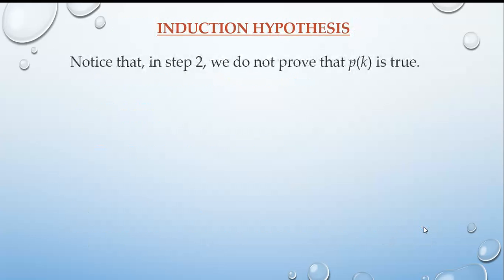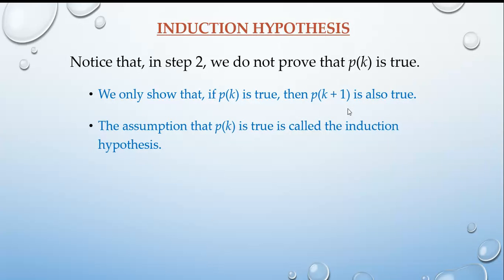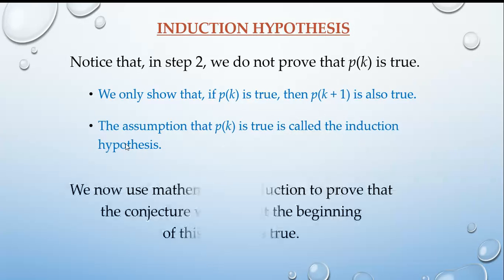This is the induction hypothesis. I told you that we do not have to prove that Pk is true; we only assume that it is true for Pk, and then we have to prove this for Pk plus 1. So the assumption that Pk is true is called the induction hypothesis.